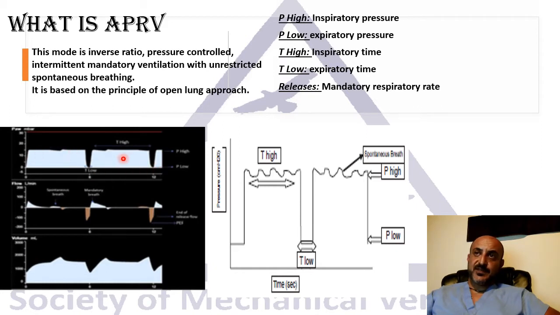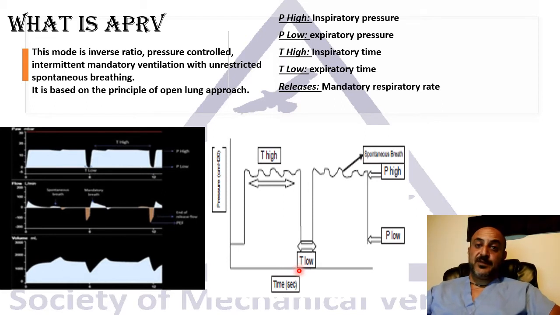I don't know if you can see in this figure, but this is the P high, and this is the time high, T high. This is the P low, the pressure low, and that's the time low, or the expiratory time. Releases are how many mandatory breaths there are in each minute.